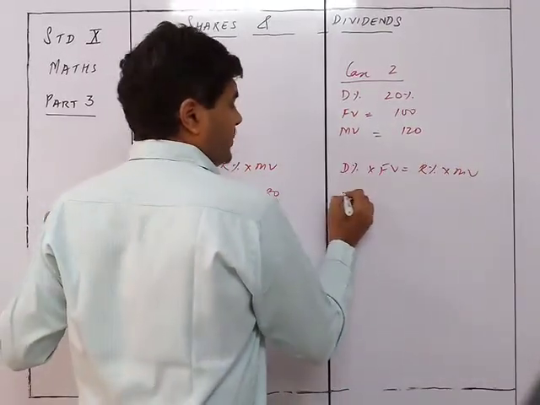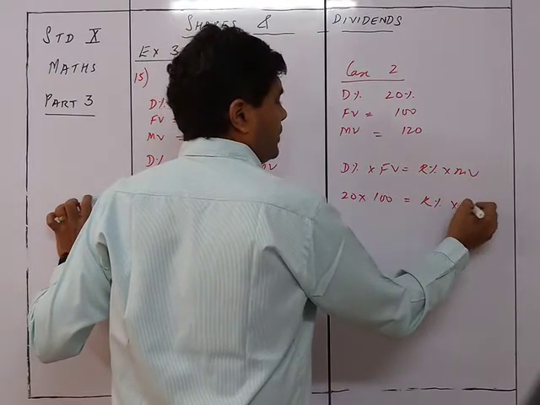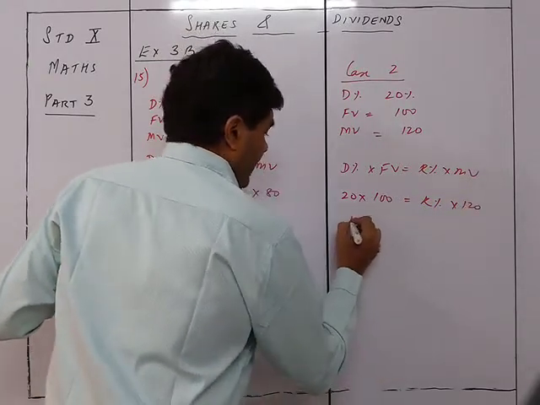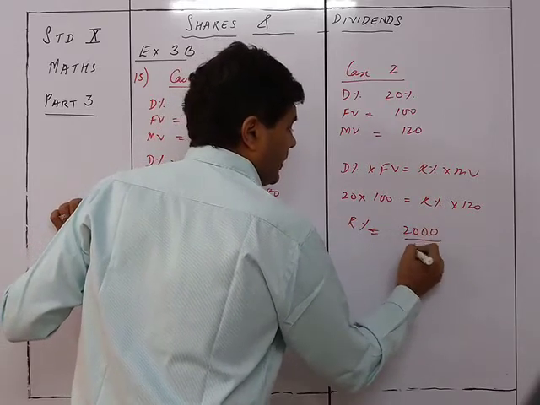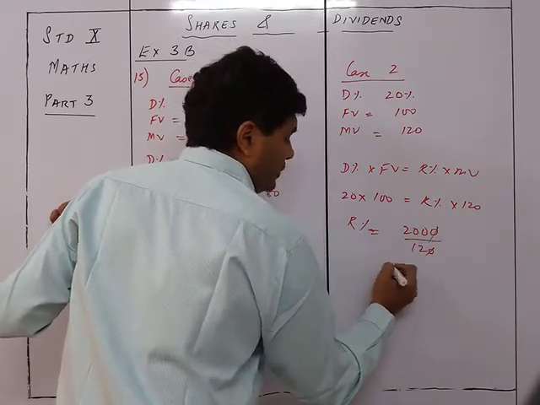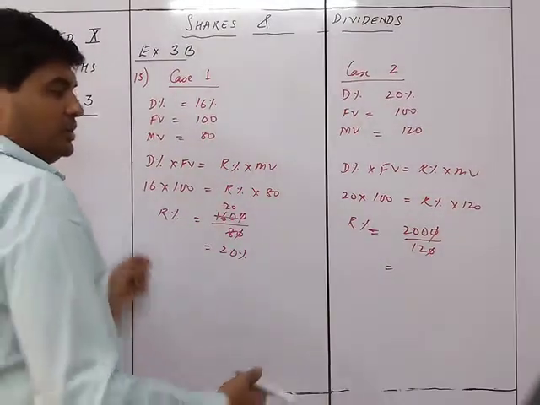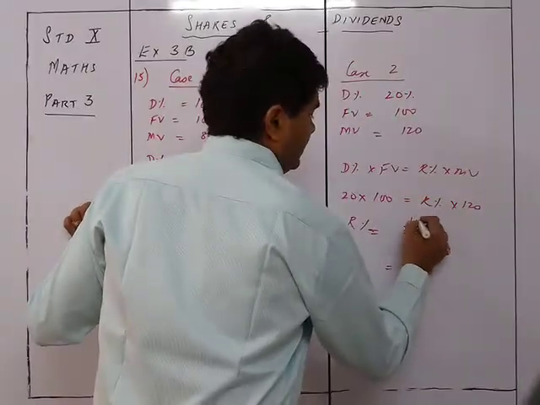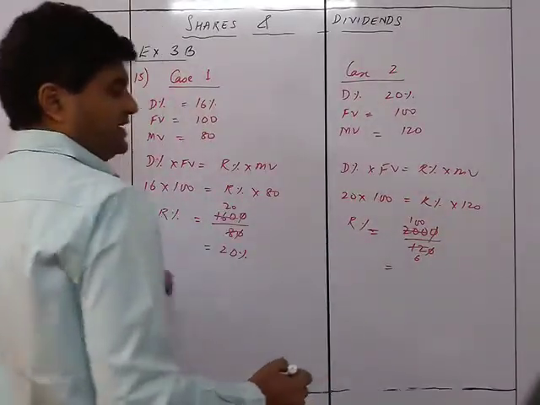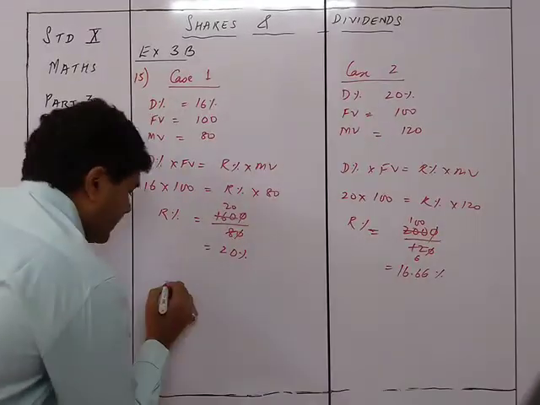Over here it is 20 into 100 is equal to R percent into 120. So R percent is equal to 2000 upon 120. Now we can see that it will definitely be less than 20%. So 100 upon 6 is 16.66, 16.66%.